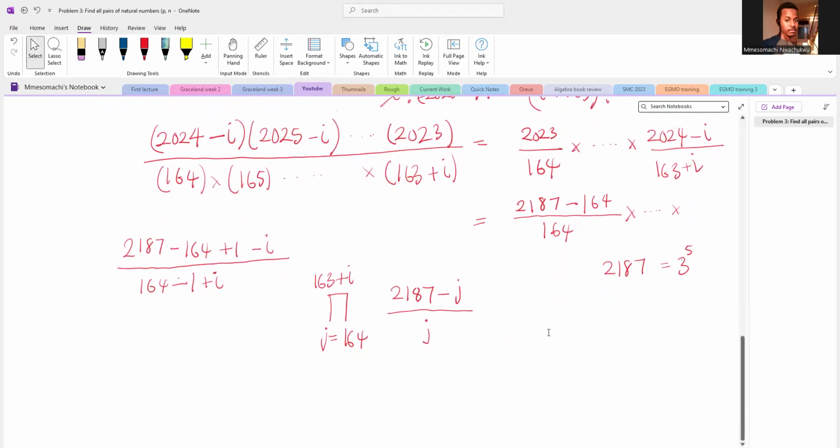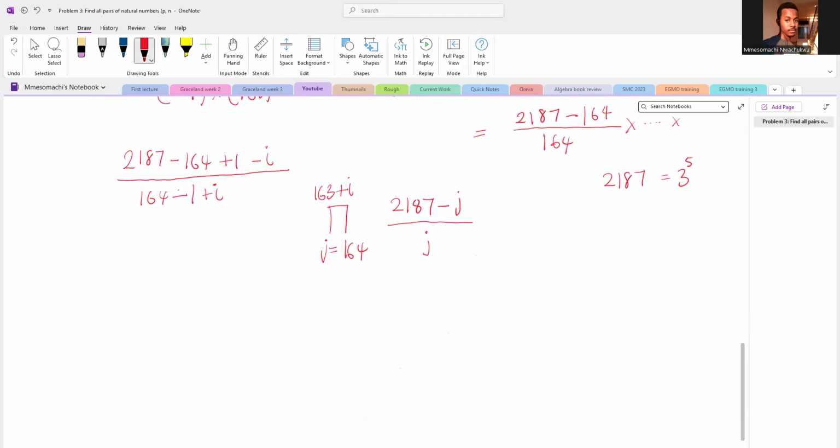So let's scroll down. Now we want to consider the periodic value of 3 in this product, from j equals 164 to 163 plus I, of 2187 minus j divided by j. Recall that the periodic value behaves like an exponent.